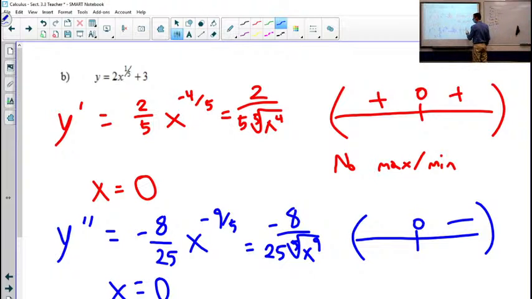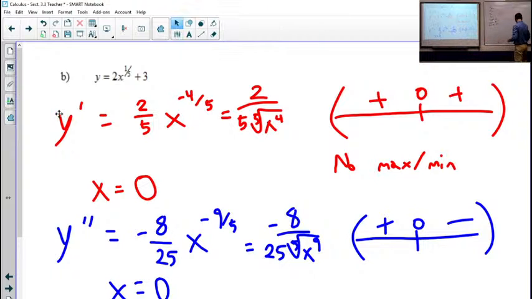But then we have a negative on the top, negative on the bottom, positive. Okay. So we do have a point of inflection. At 0, plug in 0, we get 3. So we are concave up from negative infinity to 0, concave down from 0 to positive infinity.